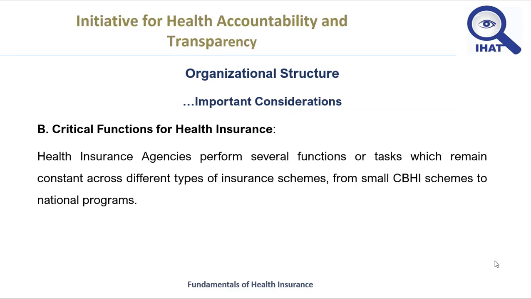The second consideration under the organizational structure is to look at the critical functions for health insurance. Health insurance agencies perform several functions or tasks which remain constant across different types of insurance schemes, from the small community-based health insurance schemes to the national programs.